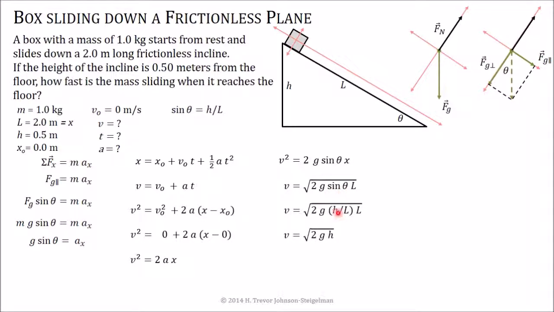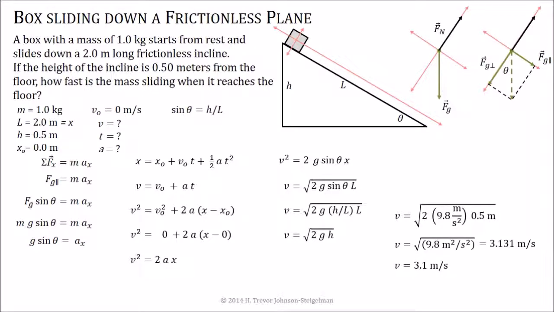Substitute in for the sine, h over L, do some cancellation, and I've got that equation back that I had on the last page. Notice I've saved myself quite a bit of time, quite a bit of effort in doing that. Again, if you have this equation and you're comfortable with using it, by all means, go right ahead. And of course, I get the same number that I got the last time.